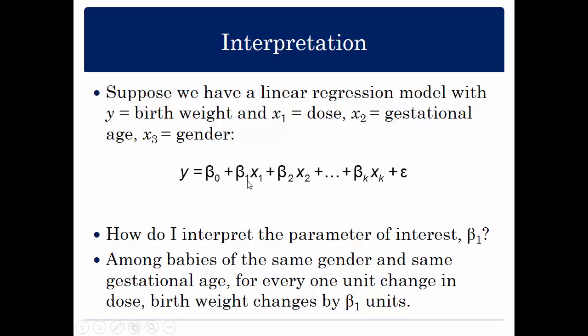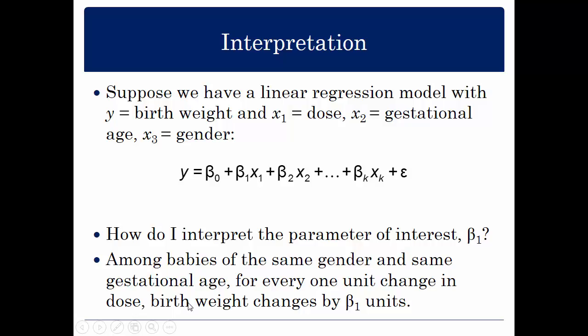If I get an estimate of beta 1, let's say beta 1 is equal to 1. The interpretation of that estimate is that among babies who have the same gender and the same gestational age, for every 1 unit change in dose, you can expect birth weight to change by 1, whatever the unit is, gram, I don't know, pound, probably not pound, that's a lot.